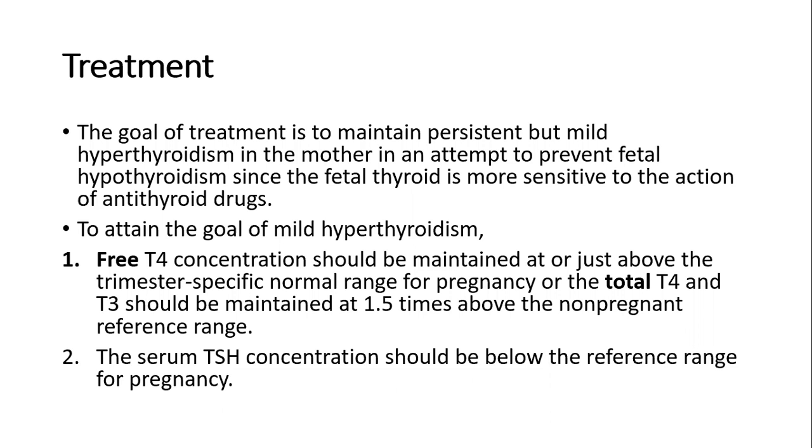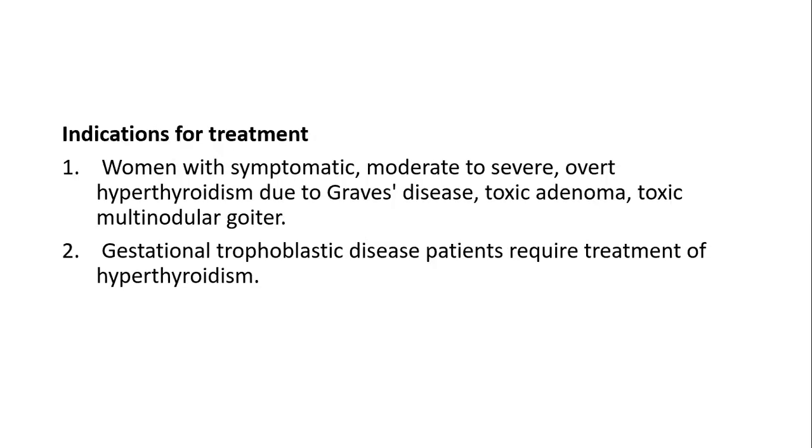So to attain the mild hyperthyroidism, one, the free T4 concentration should be maintained at just or above the trimester-specific normal range for pregnancy, or the total T4 and T3 should be maintained at around 1.5 times above the non-pregnant reference range. The serum TSH concentration should be below the reference range for pregnancy.